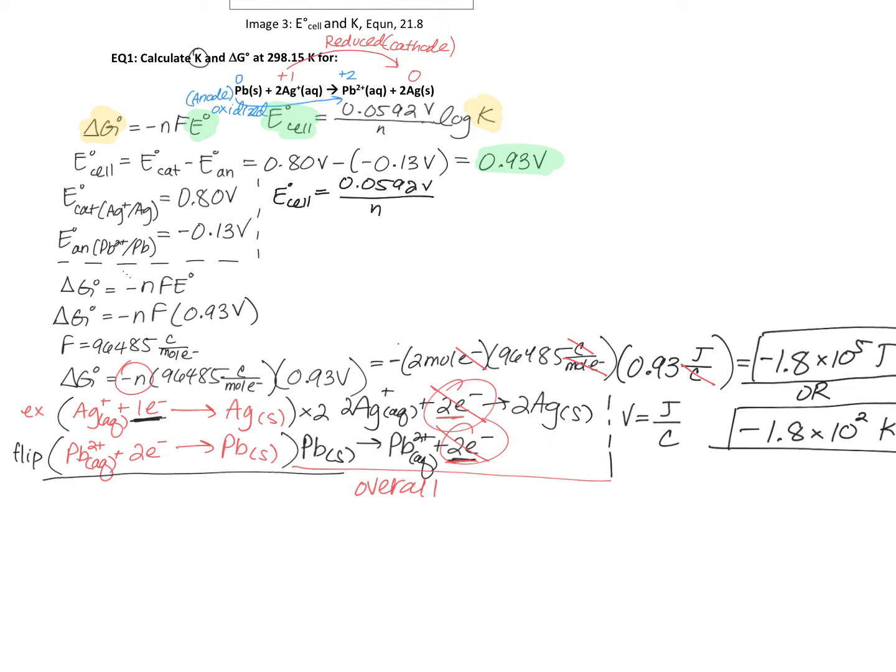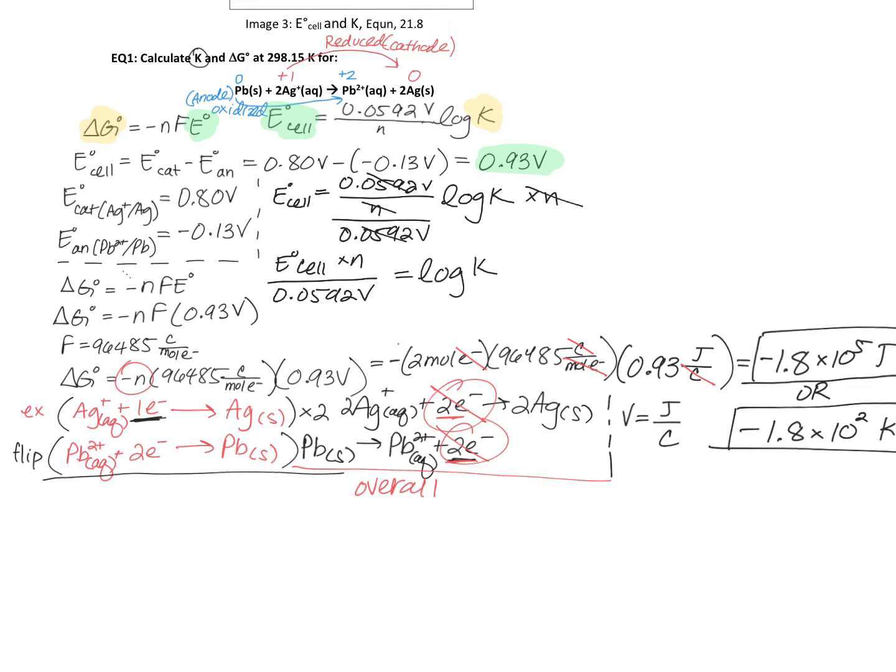So what we can do is divide over 0.0592 volts and multiply n over. So we end up with E cell times n divided by 0.0592 volts is equal to log K.